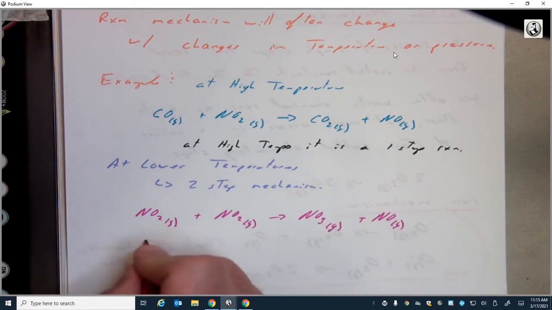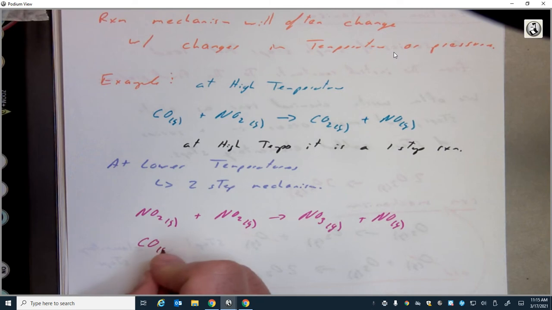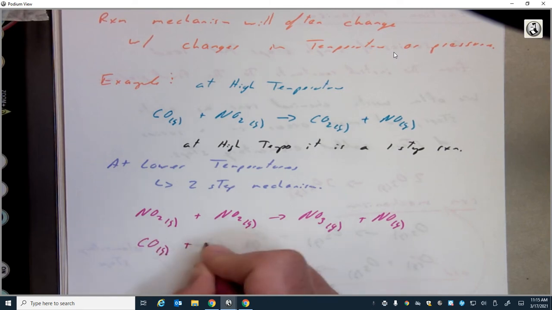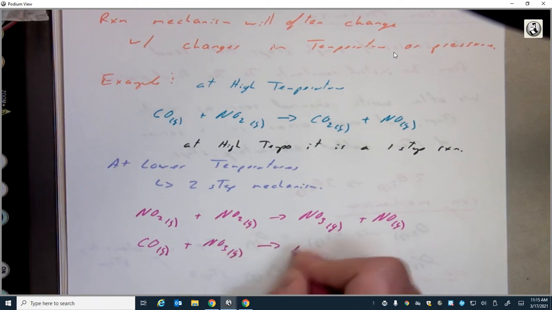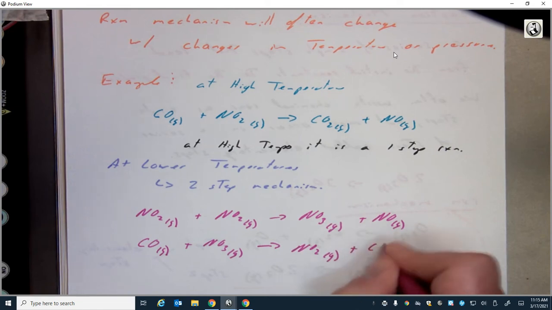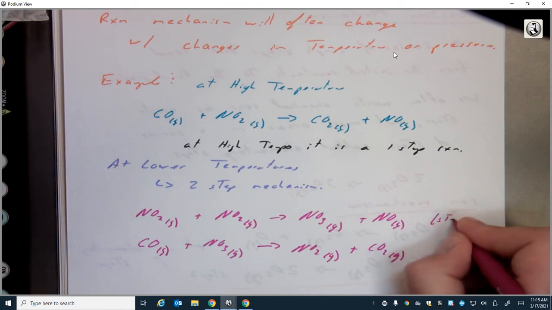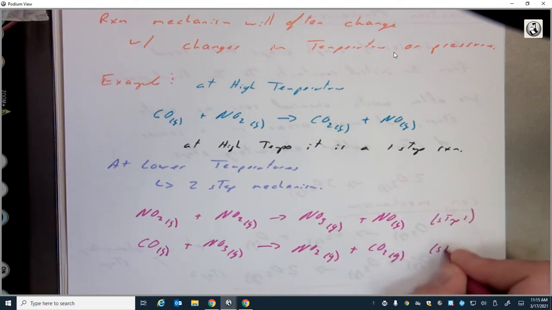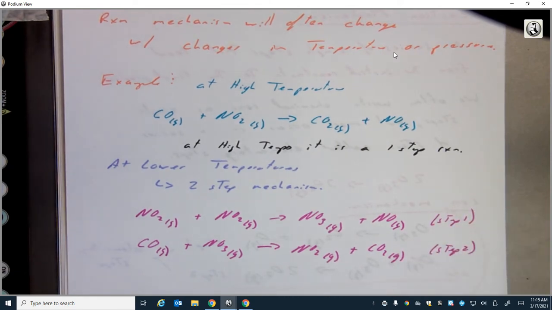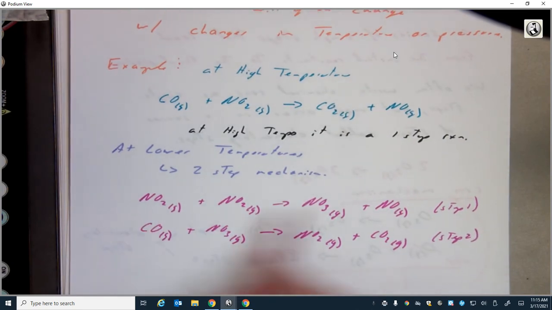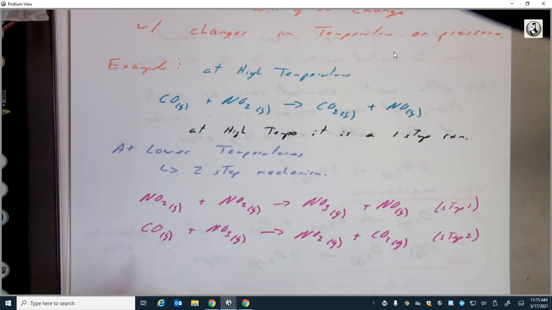And then my second step is CO gas plus NO3 gas goes to NO2 gas plus CO2 gas. So this would be step one, and this would be step two. The carbon monoxide doesn't even come into play until our second step at low temperatures.